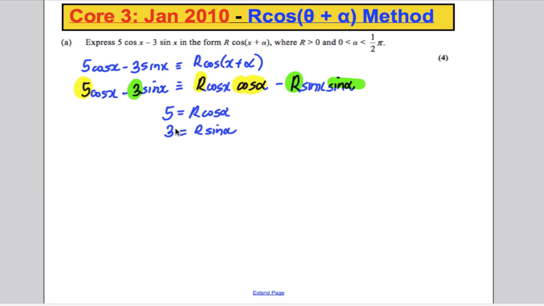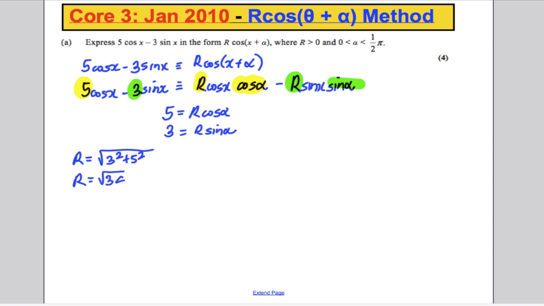Okay, and then, as always, R is the square root of these two squared and added, 3 squared plus 5 squared. So R is the square root of 9 plus 25, which is the square root of 34.